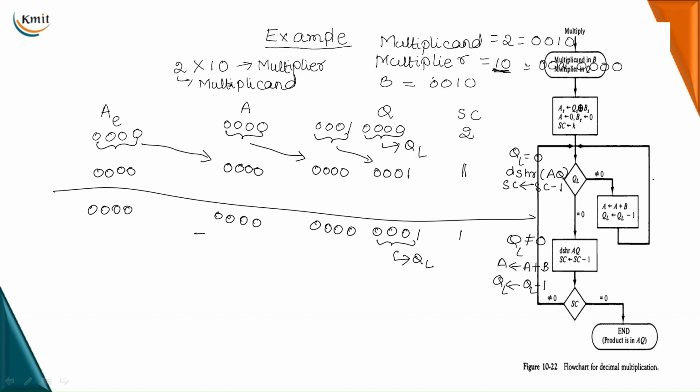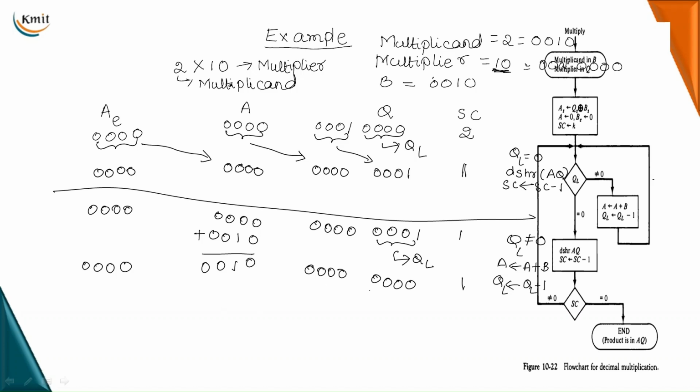This is the value of A; adding B, which is 0010, it becomes 0010. Then decrement the value of QL: QL is 1, and when you decrement, it becomes 0, which is 0000.